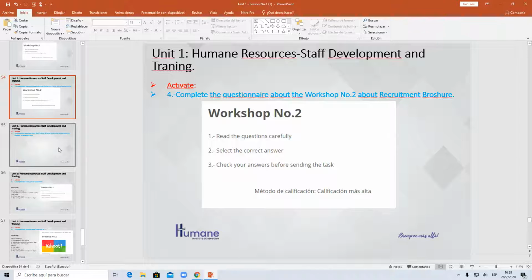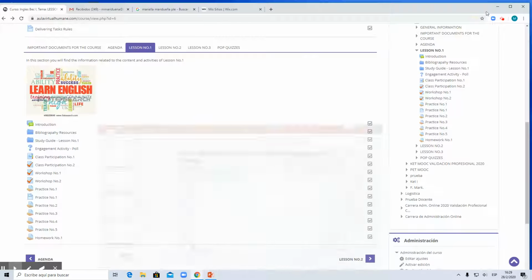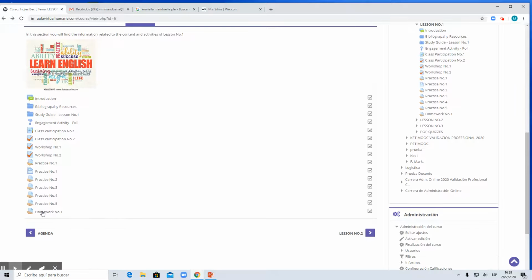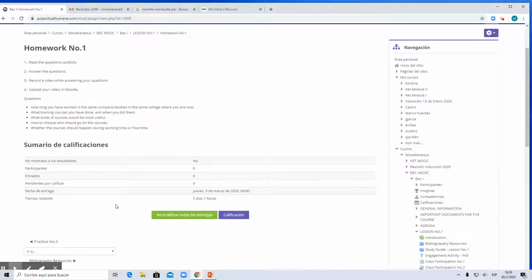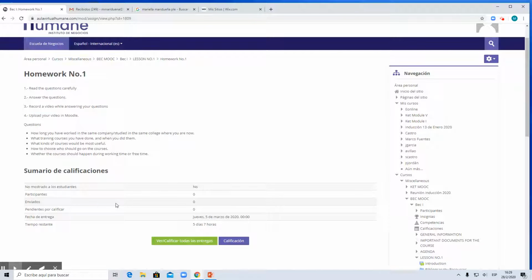And then you have a homework, I'm going to show you here in the Moodle. Okay, so here is the homework, in which you have to record a video answering these questions: how long you have worked in the same company or studied in the same college where you are now, what training courses you have done and when you did them, what kind of courses would be most useful, how to choose who should go on the courses, and whether the courses should happen during working time or free time.